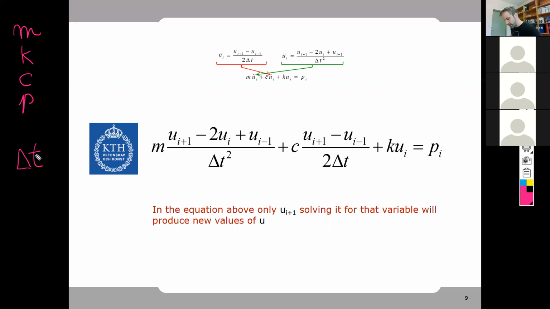And it also requires that we have initial conditions, right? That we have the original value of the displacement, which will in 99% of the cases be 0, and that we have the initial value of the speed. And that will normally also be 0.